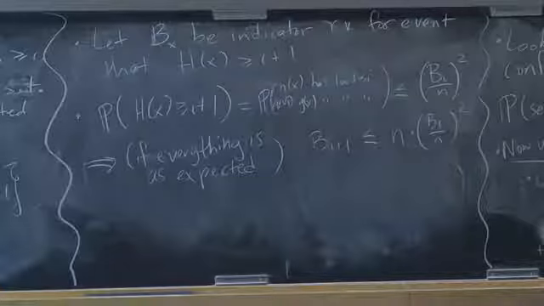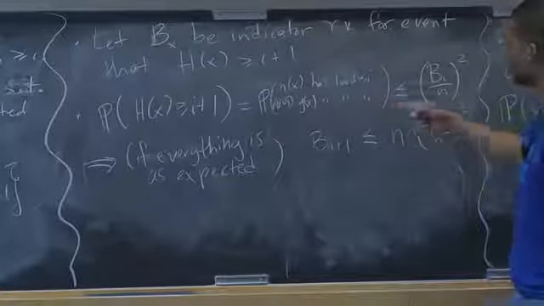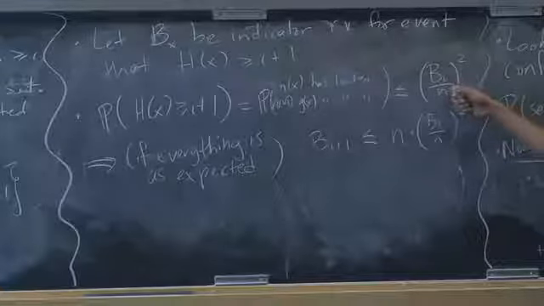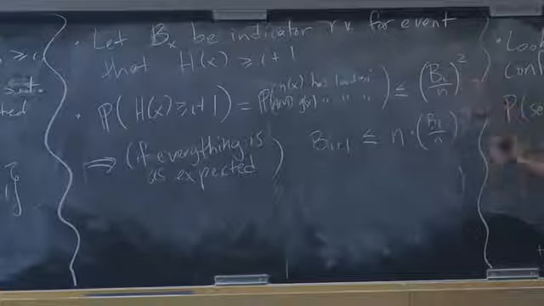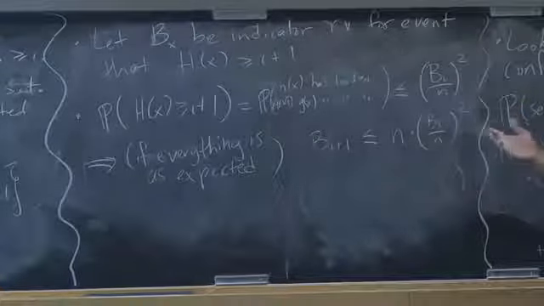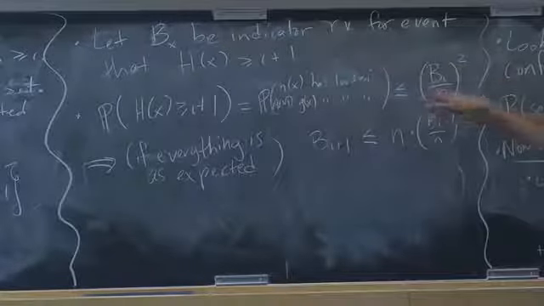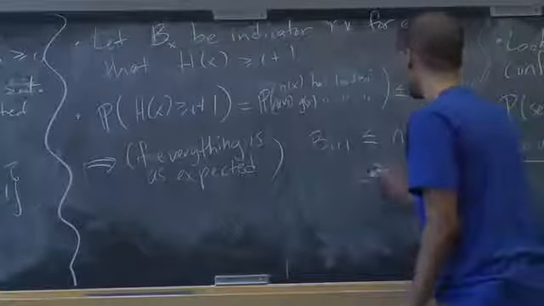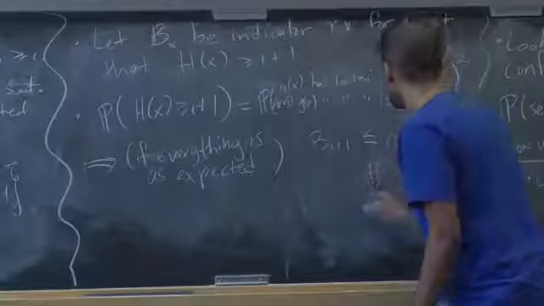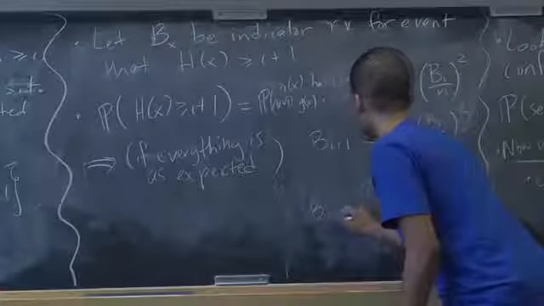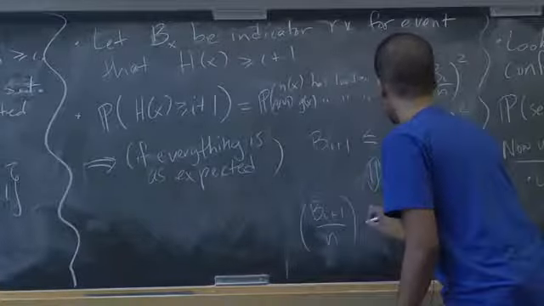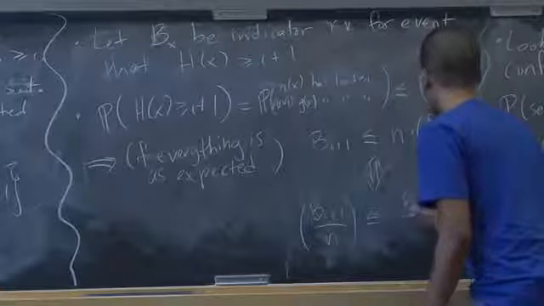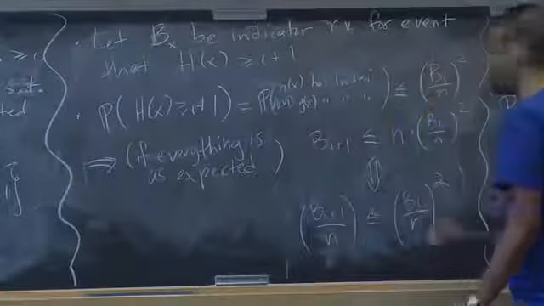Right? There are n items. For a given item, the expectation of its indicator random variable is this. So if you sum over all items, the expected number of items that have a high height will be n times this. And this is the same thing as saying b_{i+1} over n is at most b_i over n squared.